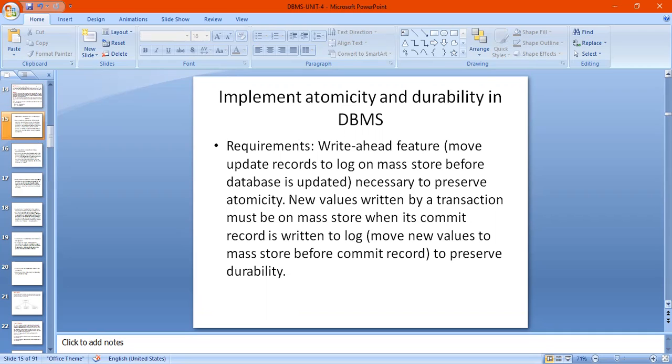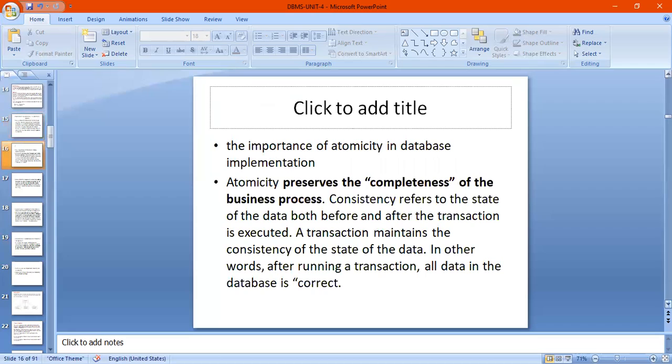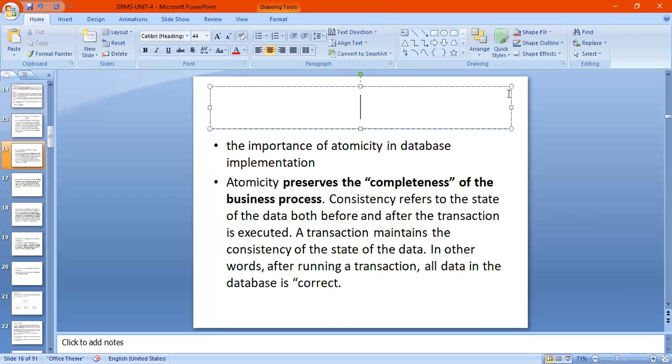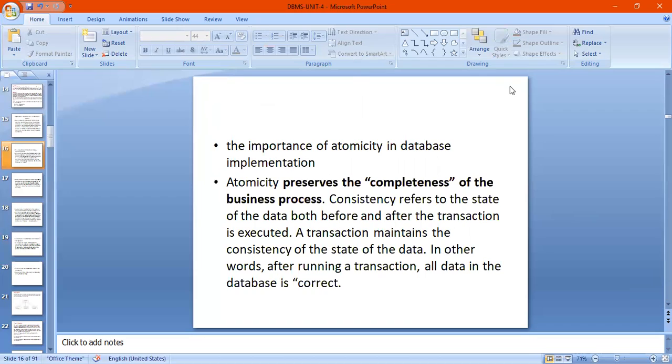So we have to see that write-ahead feature preserves atomicity, and values written by the transaction are moved to mass store when it commits, with the record written to log to preserve durability. So, the importance of atomicity in database: atomicity preserves the completeness of the business process.